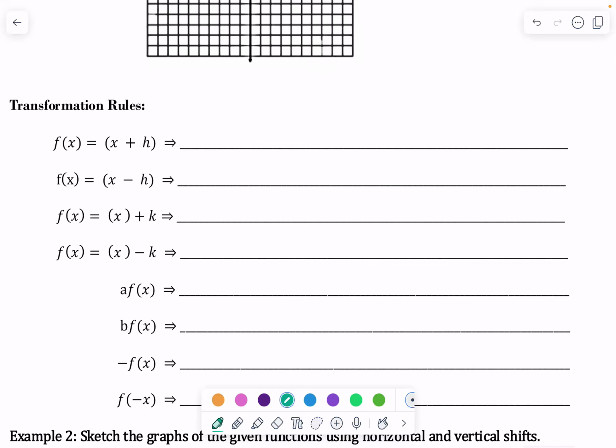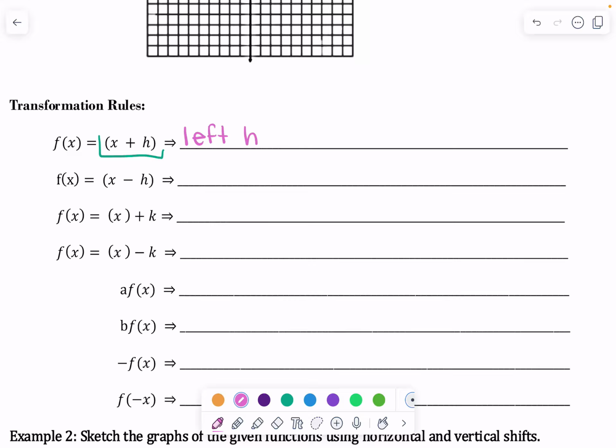This first one is f of x plus h, and that is going to be inside the parentheses. So again, notice it's inside the grouping symbol. It's going to be sometimes absolute value or parentheses depending on the function. But any type of grouping symbol, if it's plus a value of h, it's going to be moving left that value, h amount.